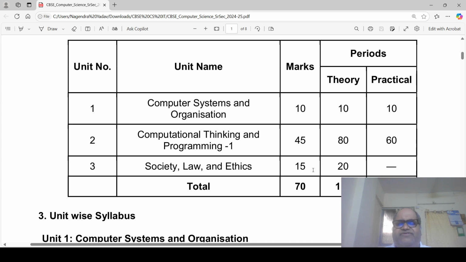We primarily focus on the major topic, that is computational thinking and programming, because the way we will schedule our videos, we will look at the basics of Python, which will be covered as per your 11th syllabus, and then we will take the relevant section of class 12, and then try to solve some common problems to develop key skills, and then try to solve your previous year question papers.